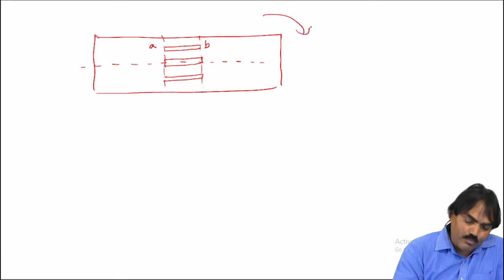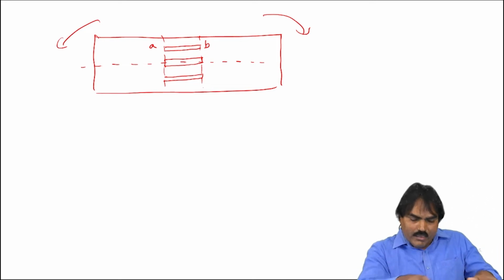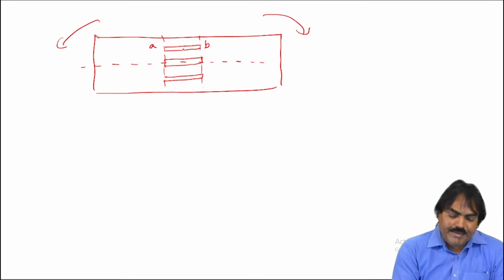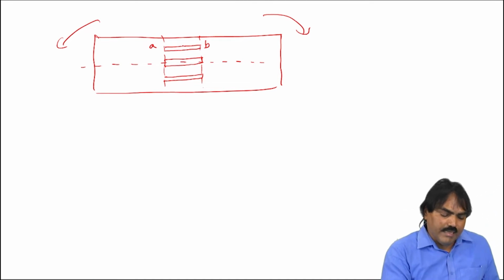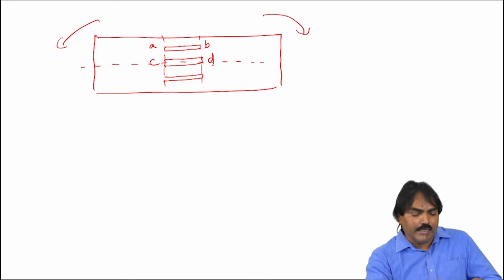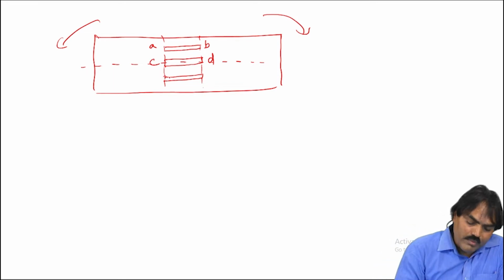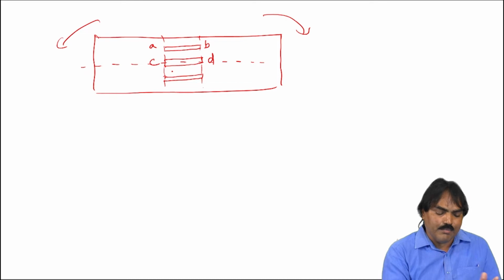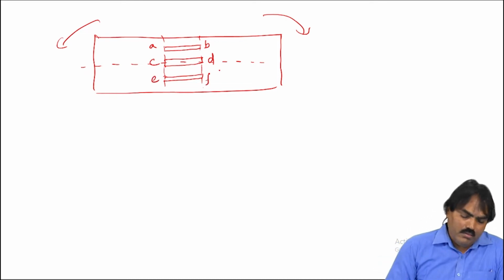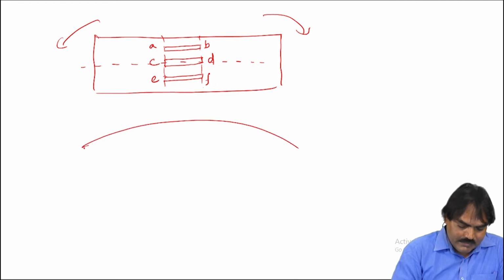When this is subjected to bending, we observe that the beam bends in the form of a curve. The element AB will stretch, whereas this is the CD element. Since this is on the neutral layer, it will be unaffected. The bottom layer, EF, will be under compression.